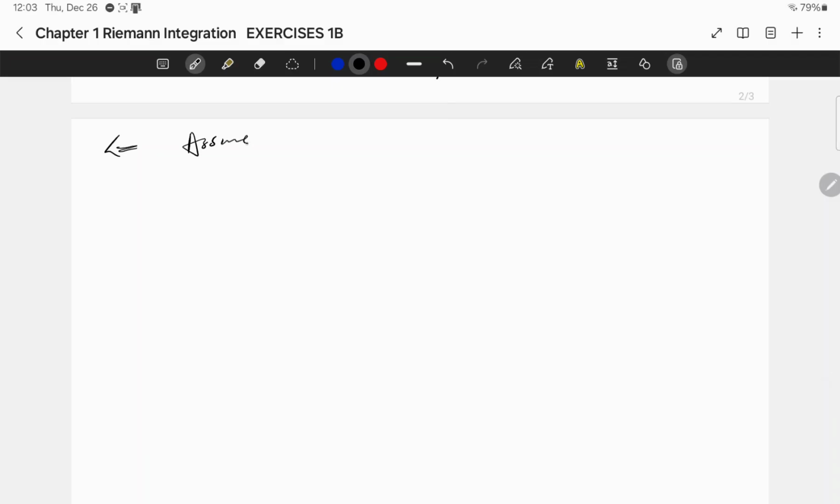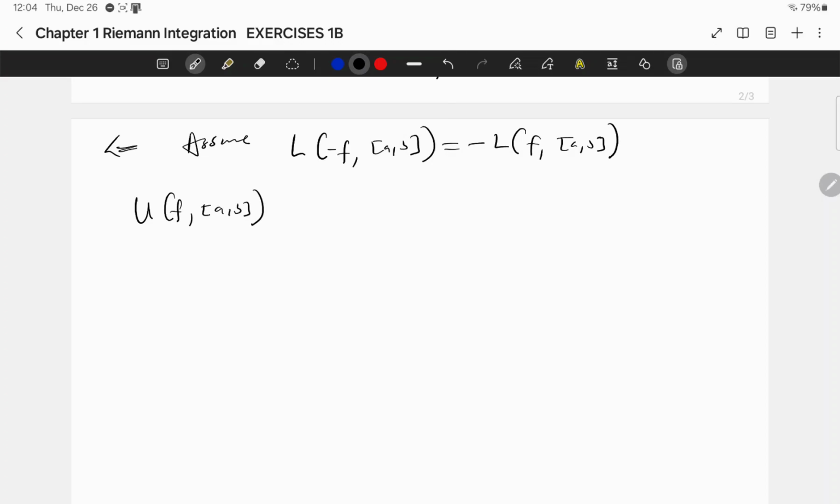So assume by hypothesis that this holds. We want to prove that f is Riemann integrable. So I mean that U(f, a, b) equals L(f, a, b).